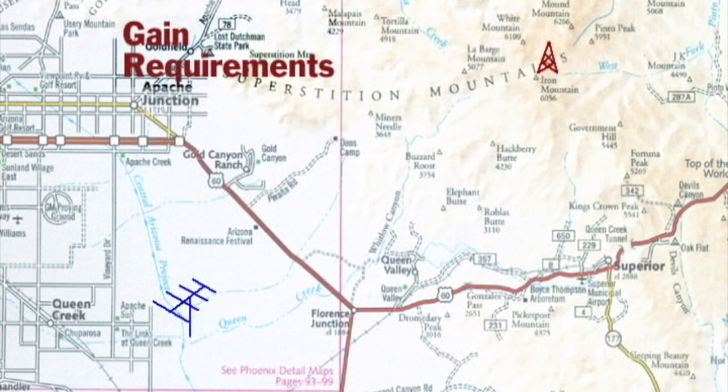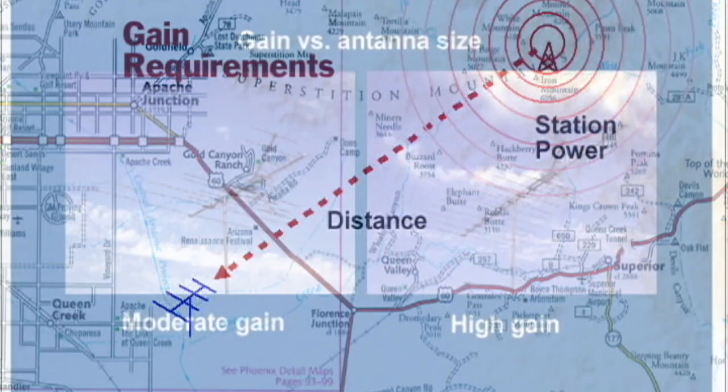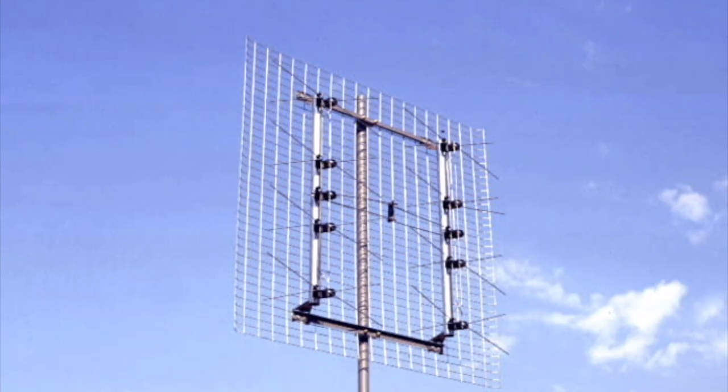The amount of gain required is dependent on the line of sight distance to the desired station's transmitting antenna and the power transmitted by the station. In general, the gain of an antenna is dependent on its size and the number of elements. Now, due to the smaller size of the elements, UHF antennas can utilize more creative shapes to achieve high gain.